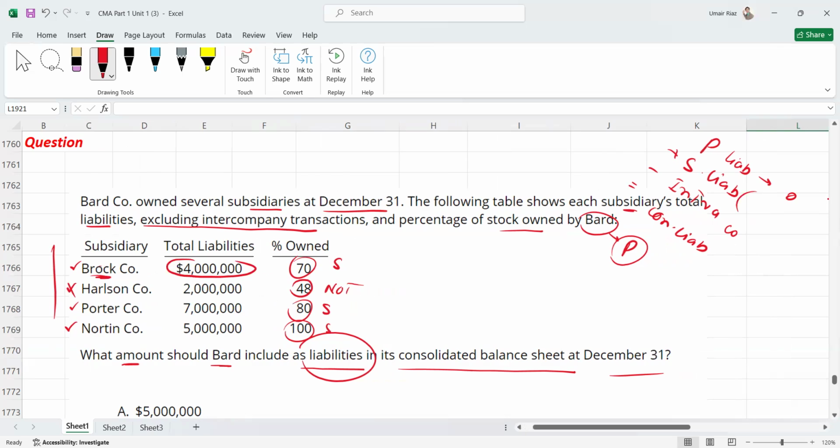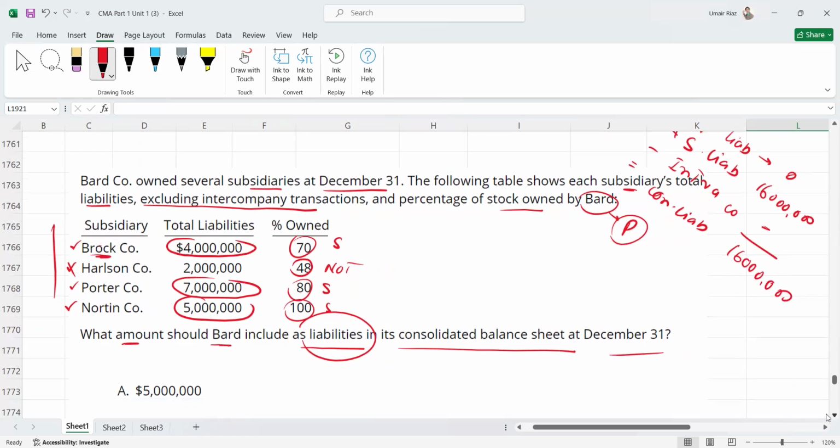Then we have 7 million, so total became 11 million, 4 plus 7. Then we have 5 million, total became 16 million. So we have subsidiaries' liabilities of 16 million. We'll add that with the parent's, and we don't have intra-company transactions. It means 16 million should be our consolidated liabilities, right?